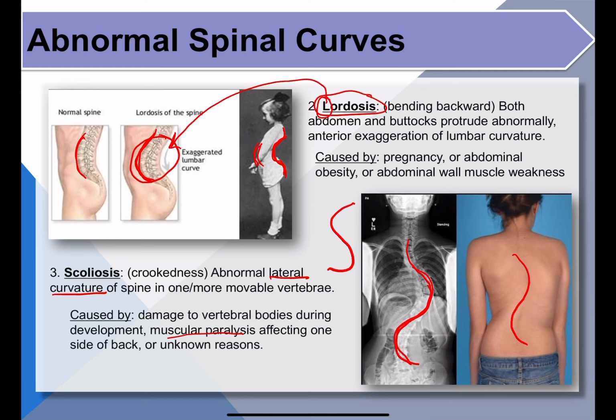Muscular paralysis affecting one side of the back can also cause it, because when you have muscular paralysis on just one side, you're not able to move that side, which means you're going to put more muscle strain on the other side that you can move. And because you're pulling on those muscles more often and the other side you don't move at all, that can lead to that curvature of the spine.